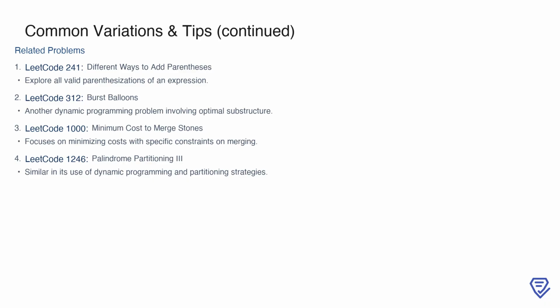LeetCode 1000, Minimum Cost to Merge Stones, focuses on minimizing costs under specific merging constraints and shares similarities in the way subproblems are structured. Lastly, LeetCode 1246, Palindrome Partitioning 3, uses dynamic programming and partitioning strategies, making it another valuable problem to study for building your understanding of these techniques.